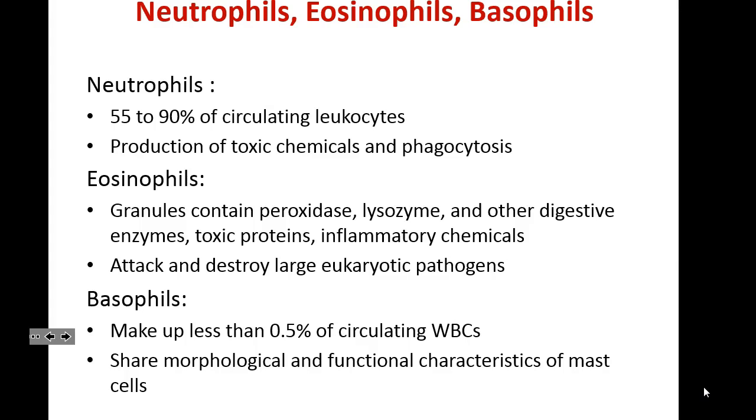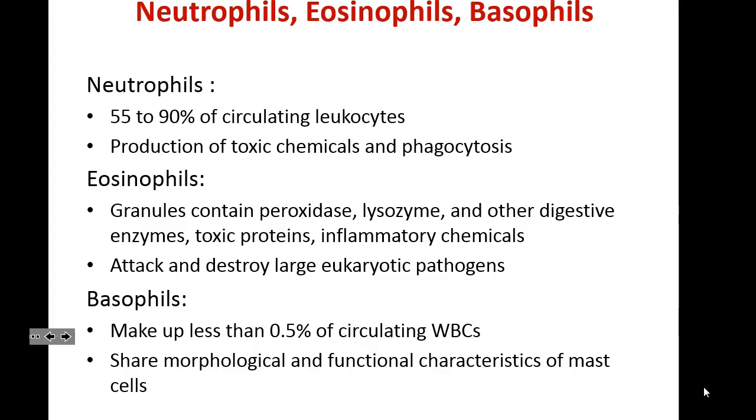We have production of toxic chemicals and phagocytosis performed by neutrophils. Eosinophils' granules contain peroxidase, lysozyme, and other digestive enzymes, toxic proteins, and inflammatory chemicals. They attack and destroy large eukaryotic pathogens. Eosinophils, that's what they do.